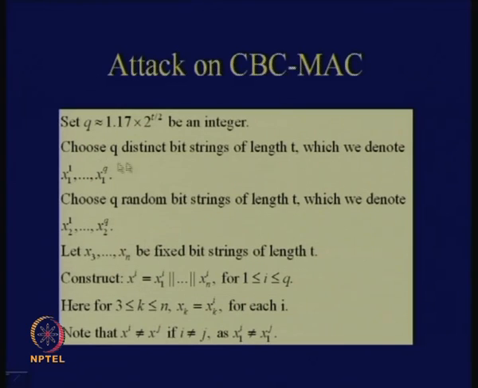So, you choose q distinct bit strings of length t, which you denote as x1^1 to x1^q, and you choose q random bit strings of length t, which you denote by x2^1 to x2^q. The difference between these two choices is that in the first case the strings are all distinct, no two are equal, and in the second you choose q arbitrary random bit strings.